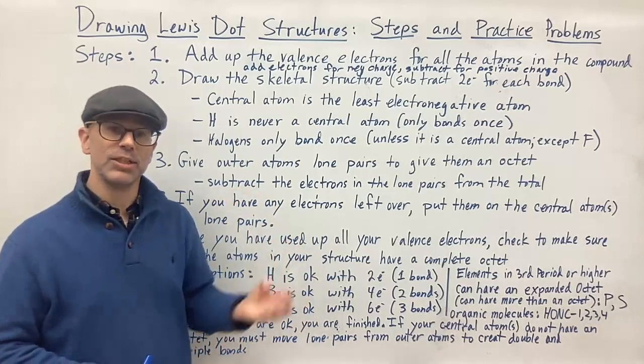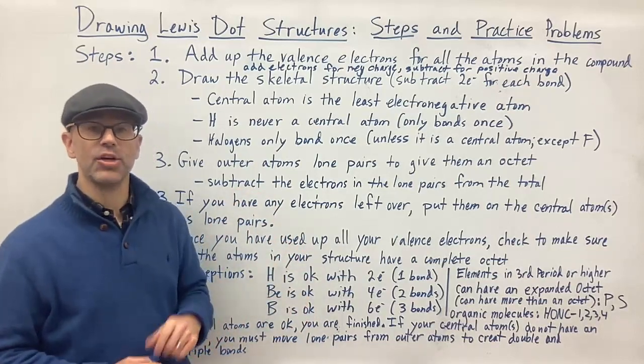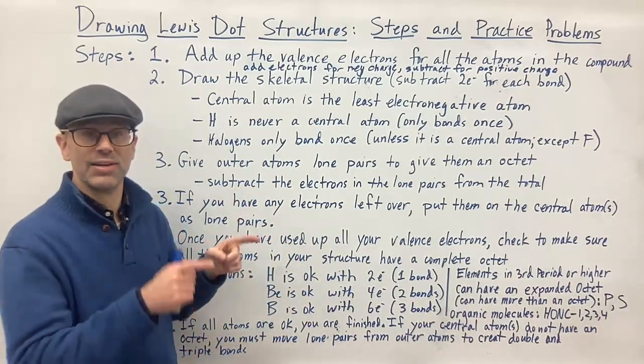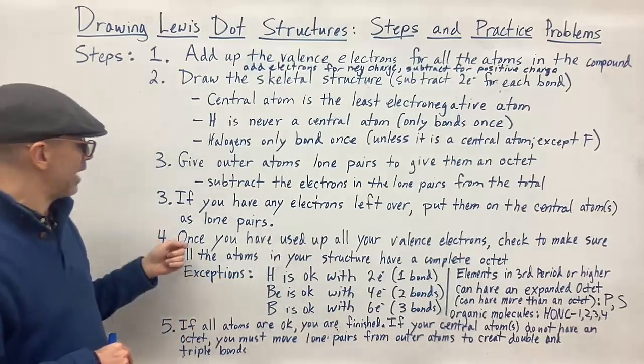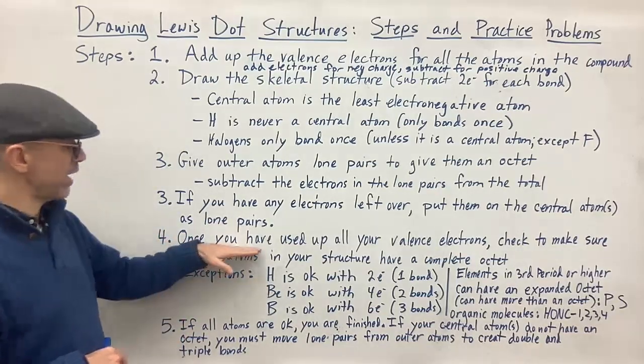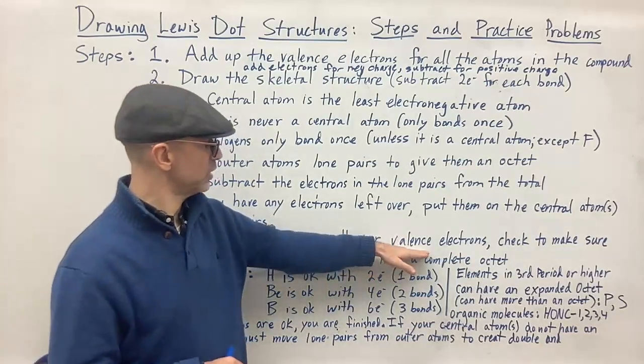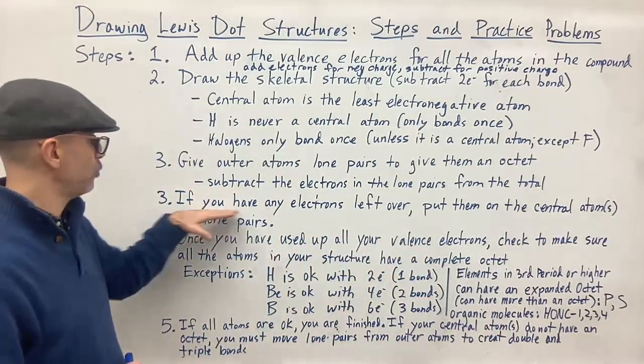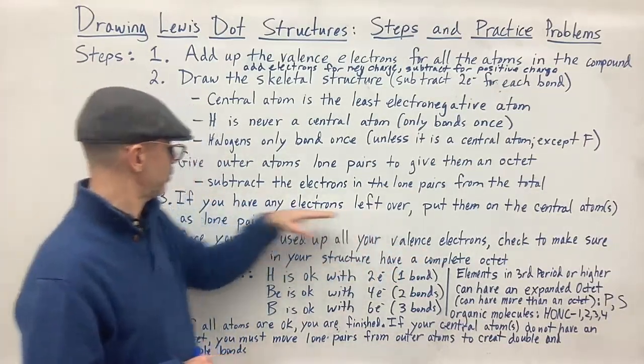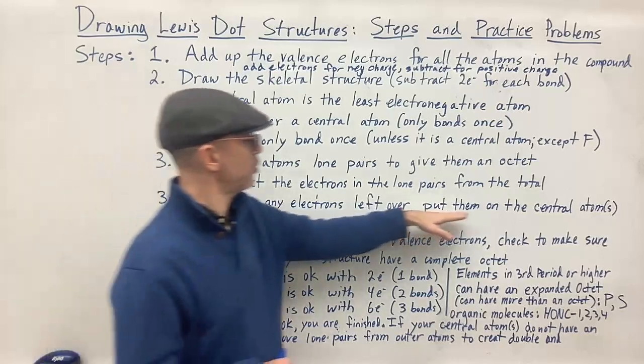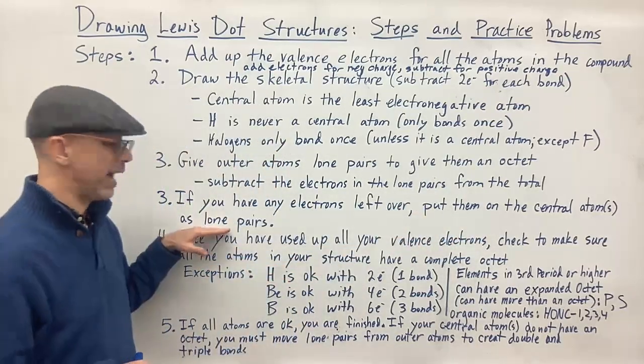If you have electrons left over, then you're going to put those electrons on the central atom as lone pairs. Sorry, if you have any electrons left over, step number 3, you're going to put them on the central atom as lone pairs.